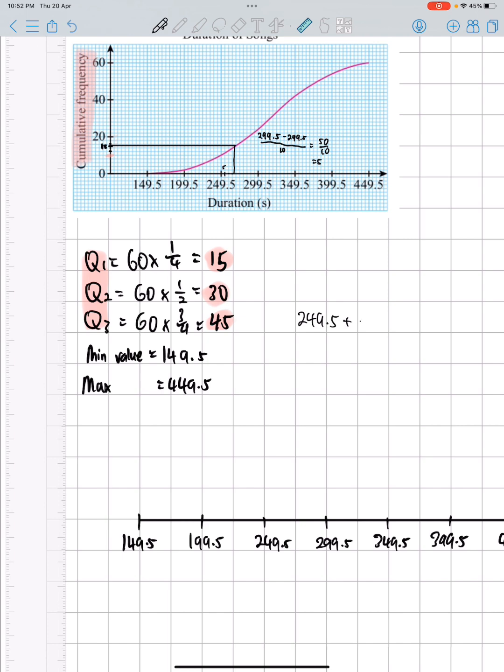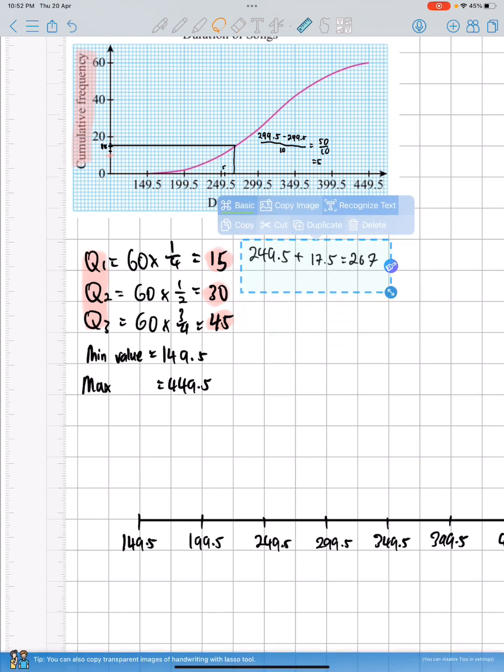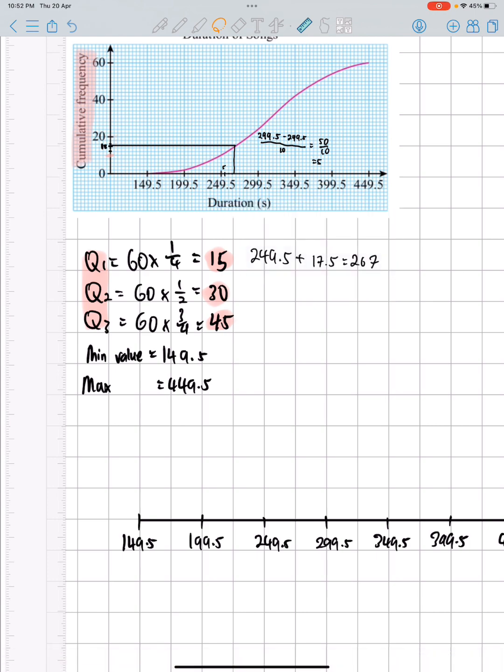So that means 17.5 more. Let me calculate that. The number is 267. So we'll just write it here. 267.